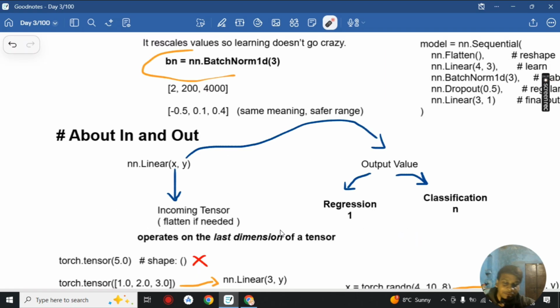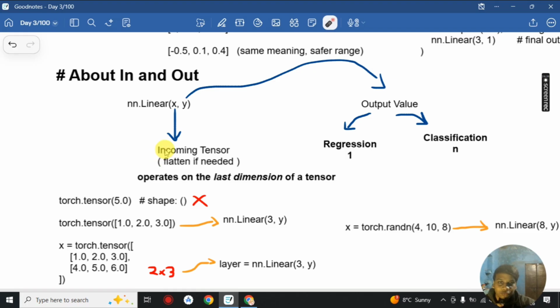Now the question you may be asking is how we could find, for a linear layer, what will be our x and y. First, let's talk about what would be y.